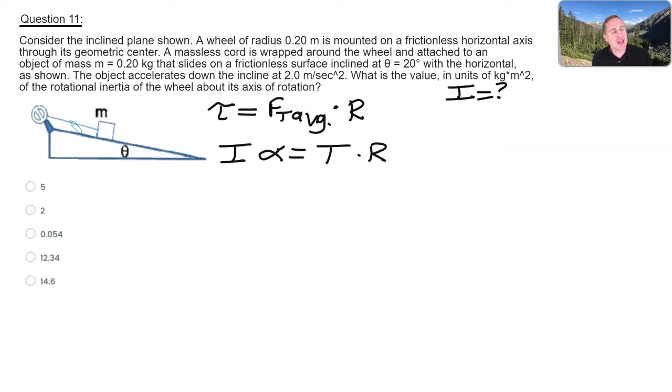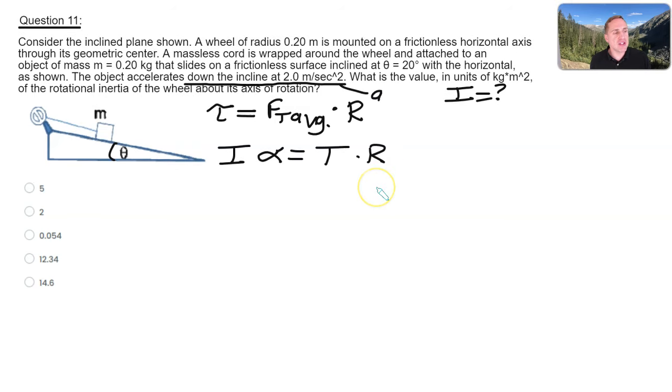Now the question is, how can we get this tension force? Don't think it's only the force that brings this mass down the inclined plane. That's because we need to do a little free body diagram for this mass. So this mass has the portion of the weight that goes down the inclined plane. That's mg sine theta. I'm not going to cover where that is derived from in this problem.